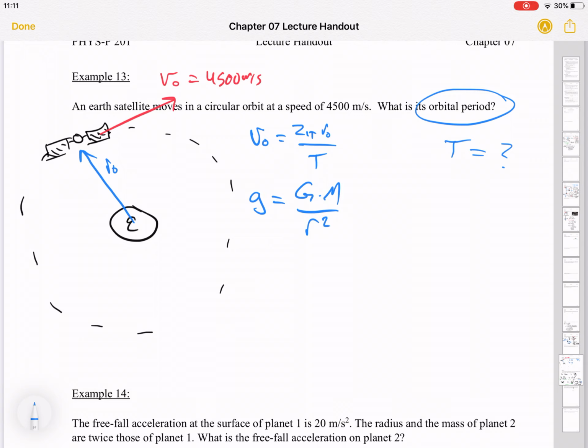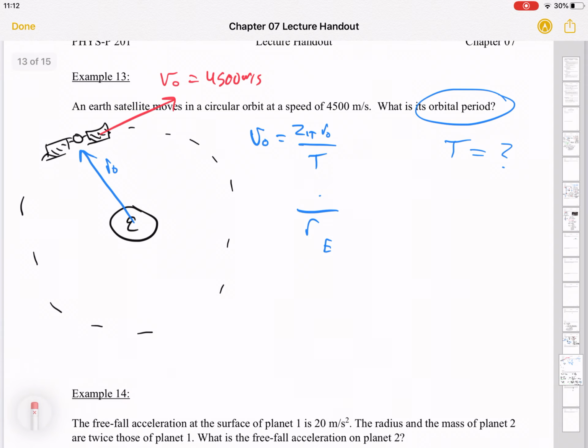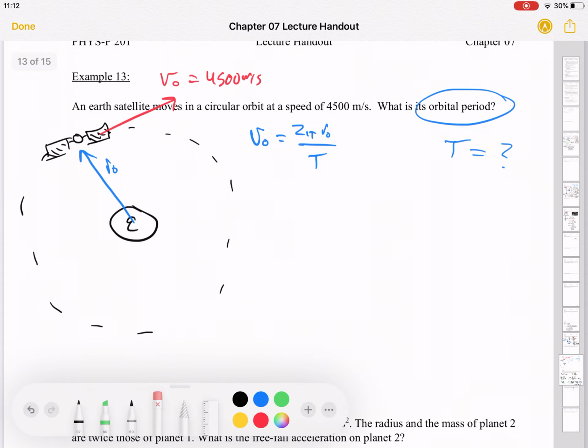But again, I can't assume that g is 9.8 because that's only true when this r is the Earth radius, right? But if I'm further than the radius of the Earth, the lowercase g is smaller than that. It's not 0, but it does fall off. It does get smaller. Okay, great.